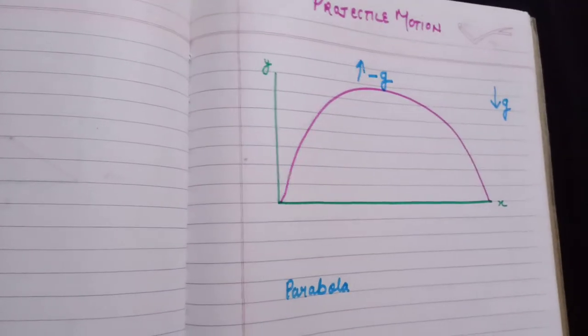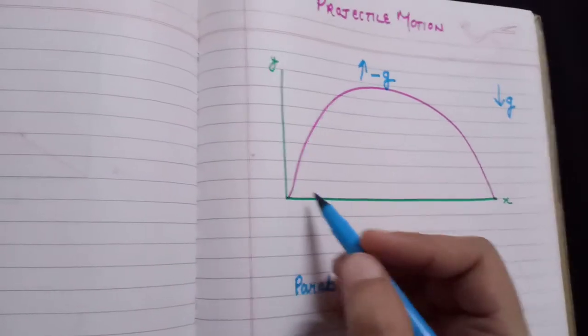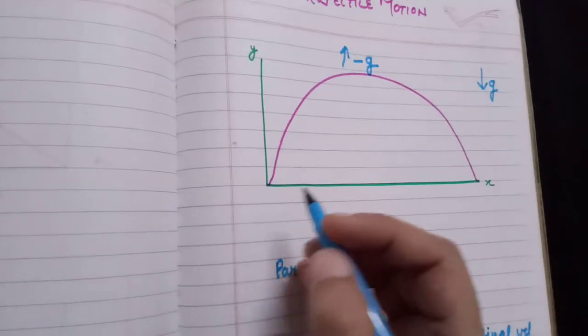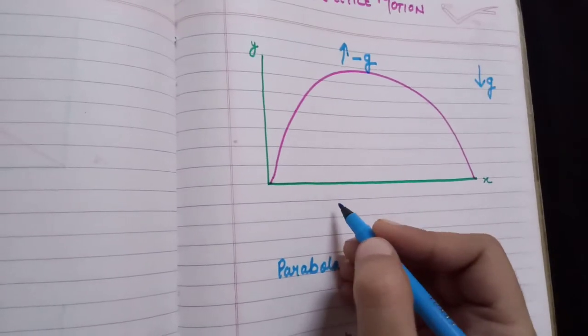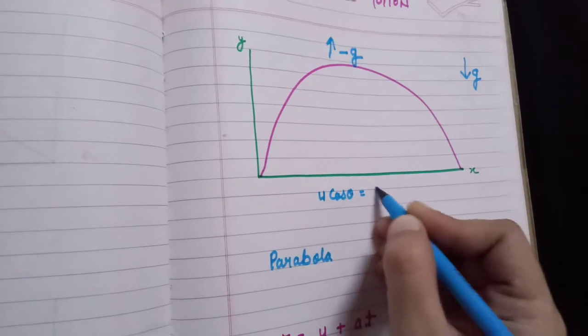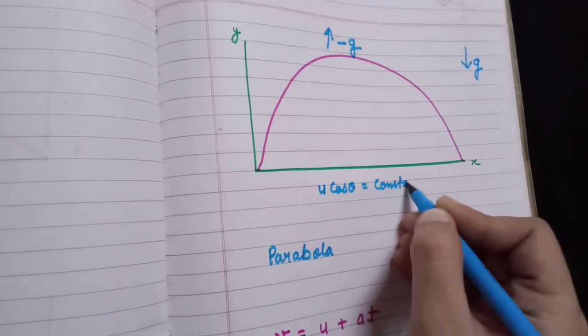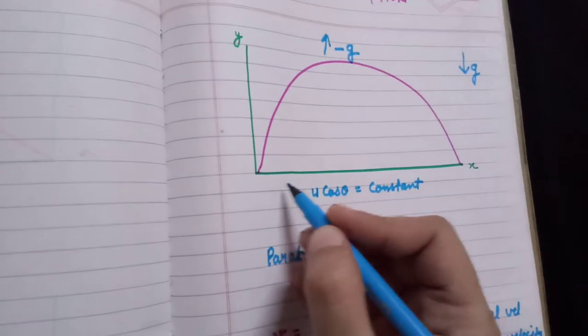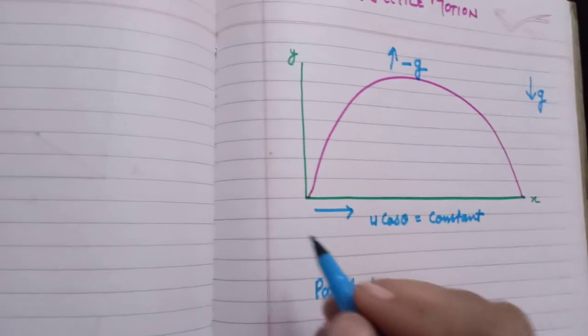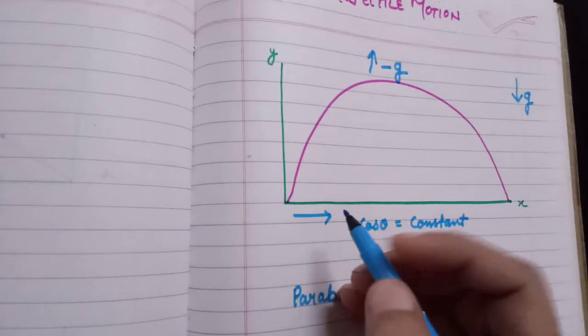In the horizontal direction there will be no acceleration, so the velocity in the horizontal direction is constant. U cos theta is equal to constant, the velocity in the x direction or horizontal direction.